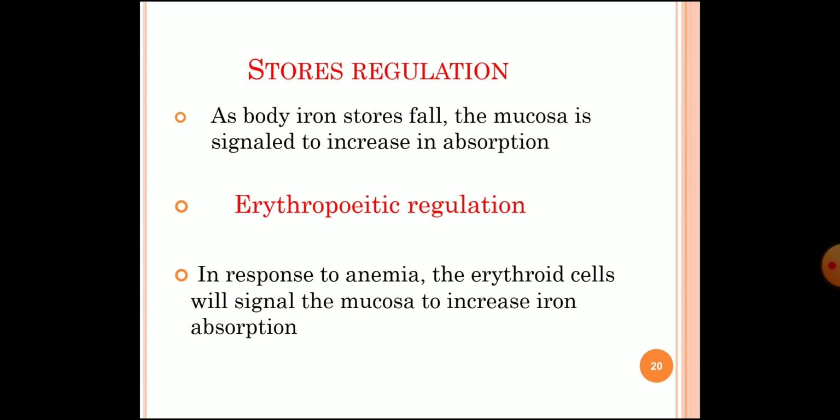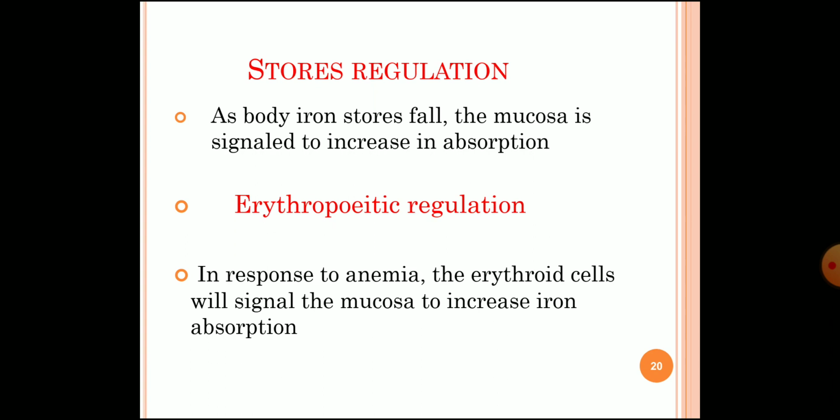Another method of regulation is erythropoietic regulation. In response to anemia, erythroid cells will signal the mucosa to increase the iron absorption. So the erythropoietin hormone is secreted when there is anemia, and that signals increased absorption of iron, so that more erythrocytes can be synthesized and more heme can be produced.